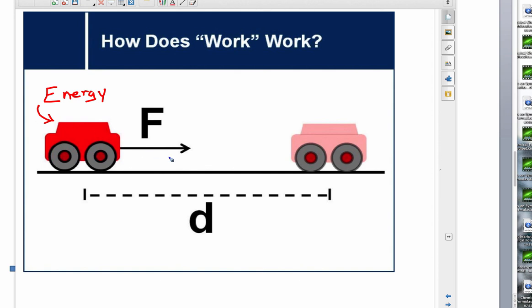So right here we might put work being done, and the work that would be done would be that the cart would move. So this sketch is an interesting little diagram about how work actually works, what happens so that work is done.